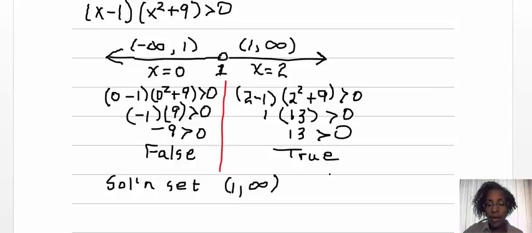And I was asked to graph this. So I start with the number line. I put a parenthesis above 1 on the number line, and I shade to the right of that.